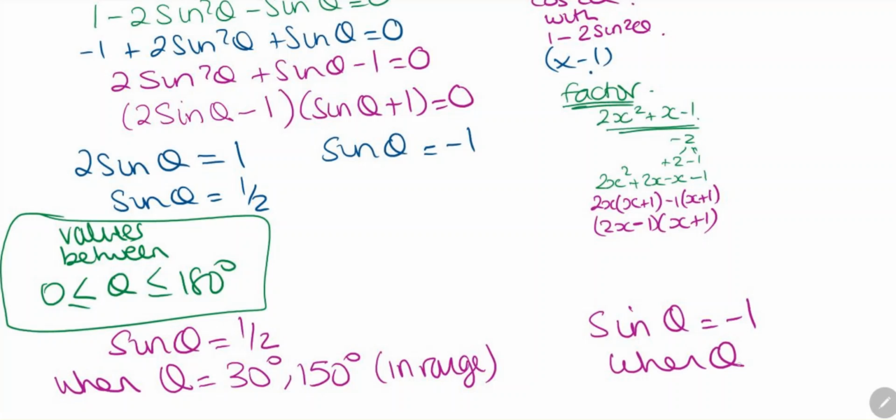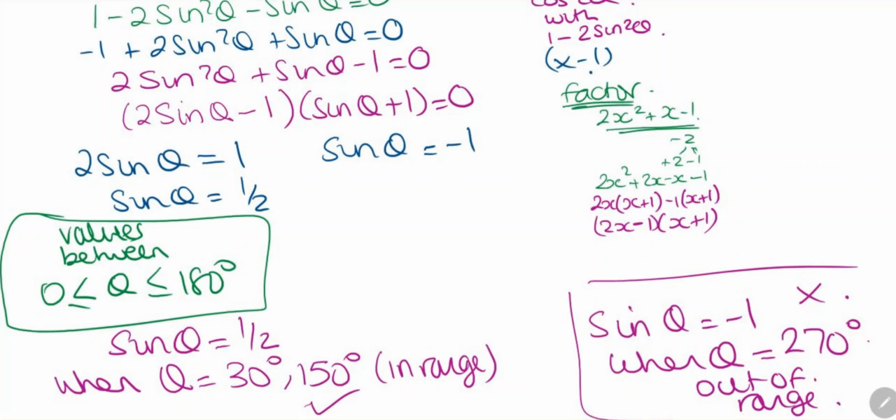So this is only when theta is 270 degrees, but this is out of range. So this one is fine, and this one is not fine. So our solutions will be 30 and 150.